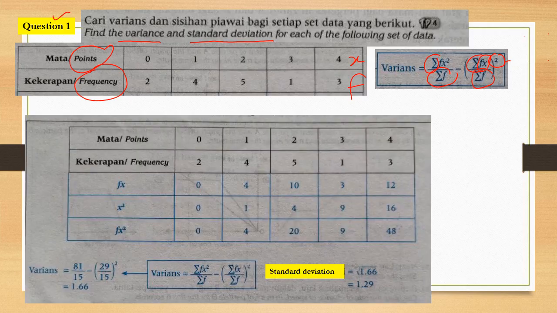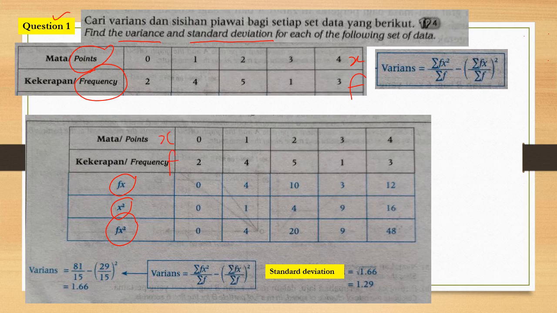Because you need your fx, it's in the formula. Your x square is also in the formula, and then you have to times your x square with your frequency. It's all here. To be more organized, you just add the table. This is your f, this is your x.